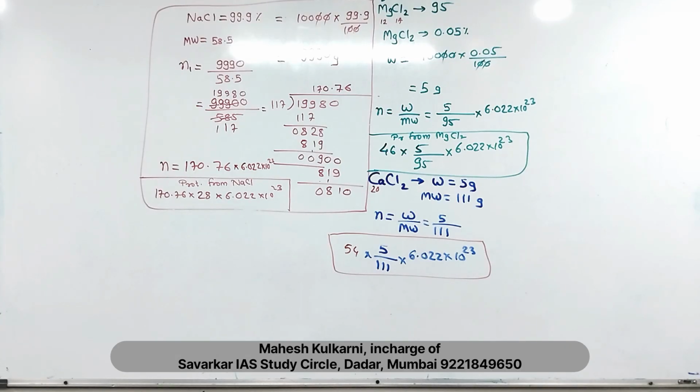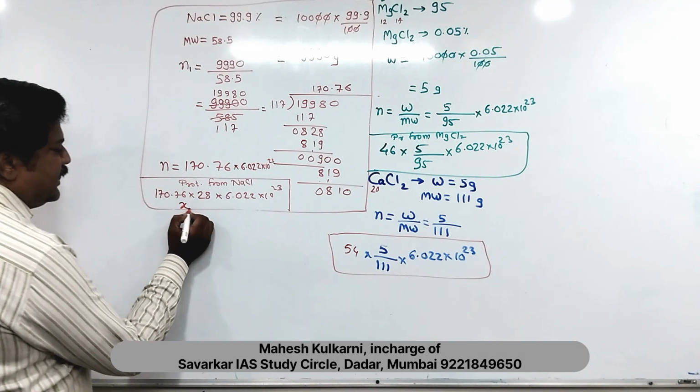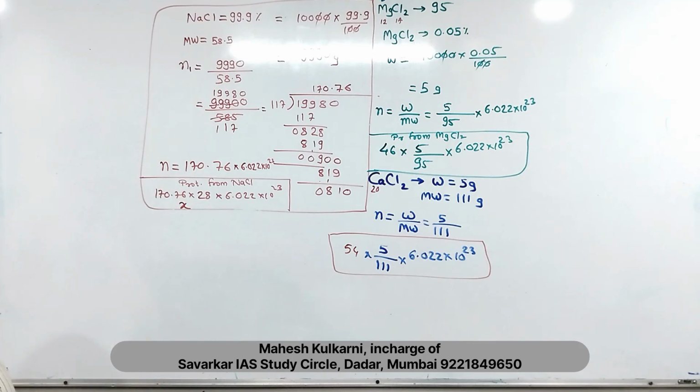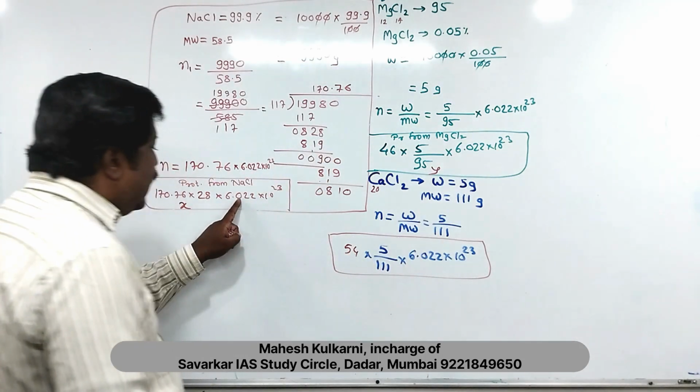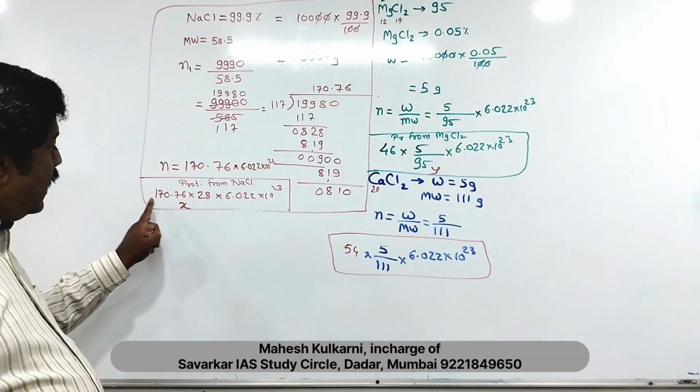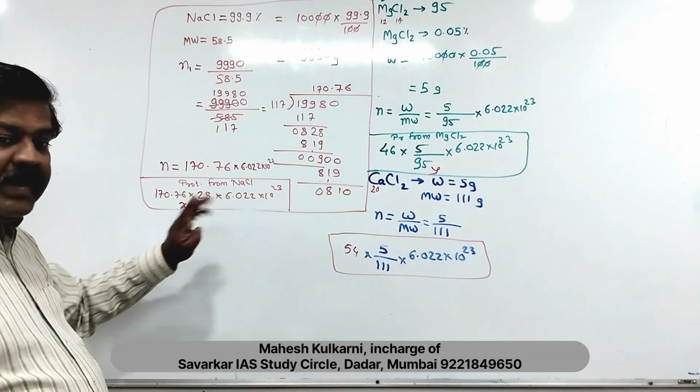Now thing is that you have to add this. So I am just showing how to add. Let us assume this figure as X, whatever you are going to calculate. Let us assume this figure as Y. I am not considering multiplier. Multiplier is kept separate only.